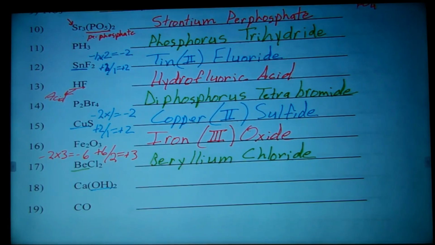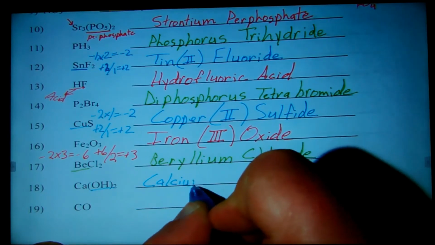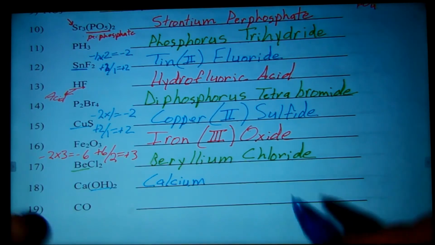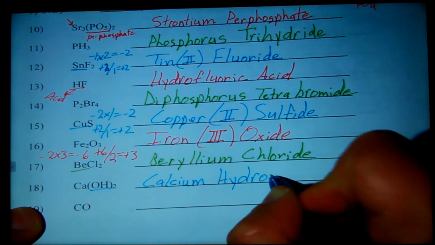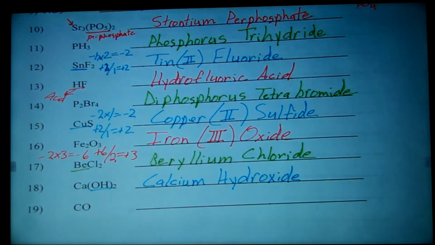So you name the monatomic cation, Ca, which is calcium, bonded to the polyatomic. Just name the polyatomic. OH is hydroxide.